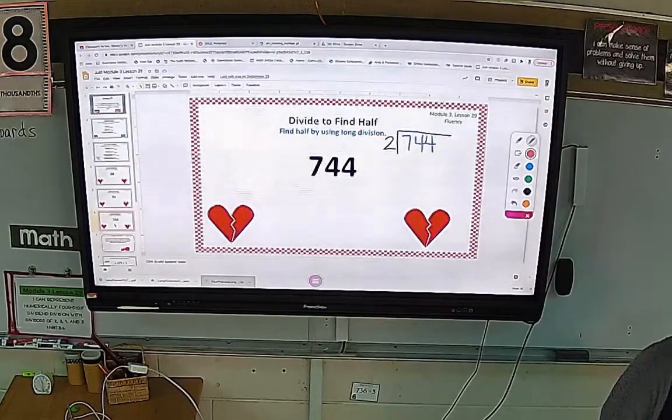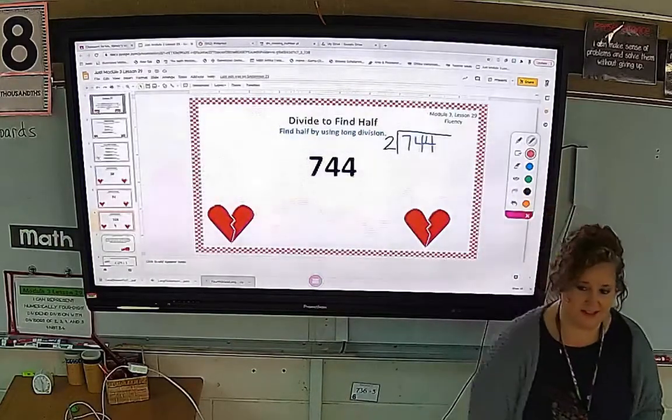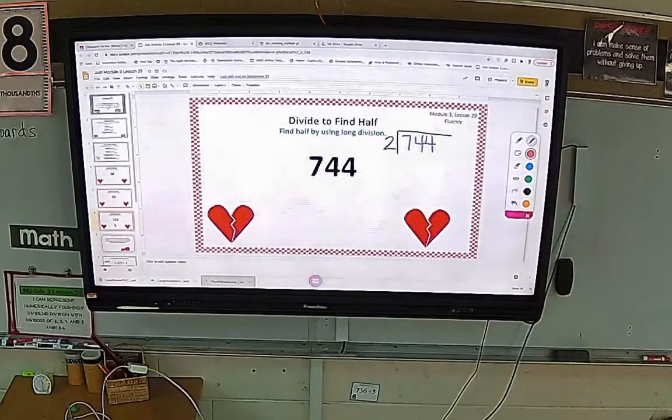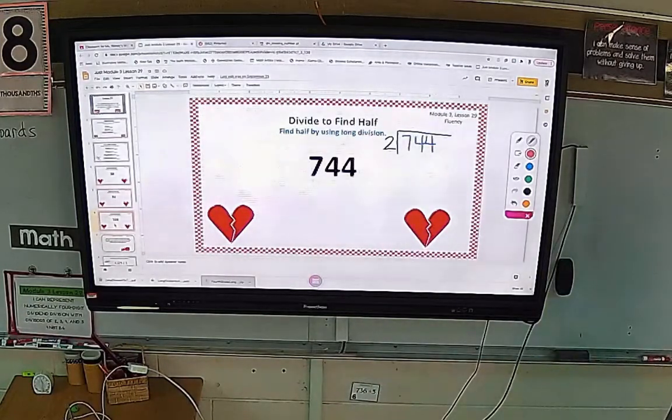The days are getting away from me now. But we talked about factors and multiples. Okay? And any number that is even is divisible by 2 evenly, which means it's not going to have a remainder. Is this number going to have a remainder divided by 2? No, because 2 is one of its factors.